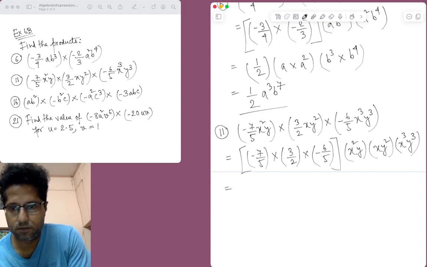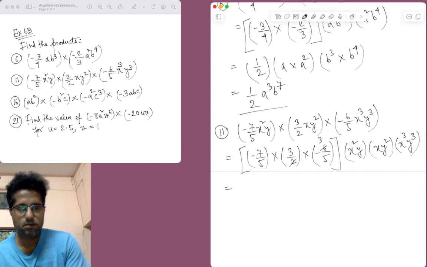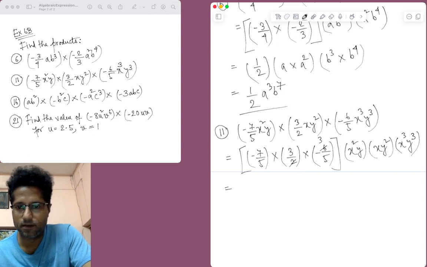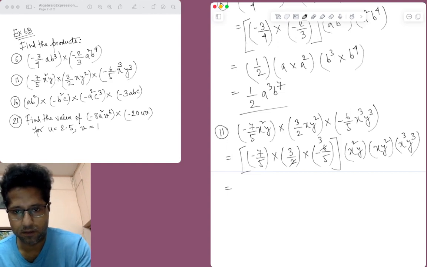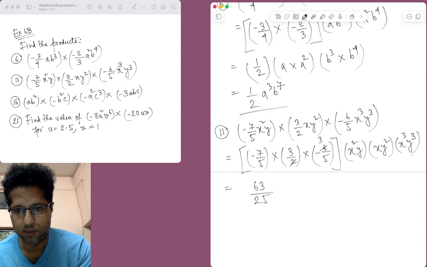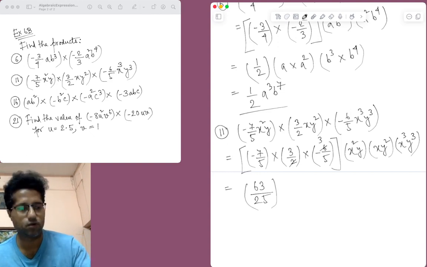If we simplify the multiplication of the coefficients, 2 gets cancelled with 3, this is 9, and minus minus gets cancelled, so 63. This is 63, 9 into 7, 63 by 25. So this is the final coefficient of the product.